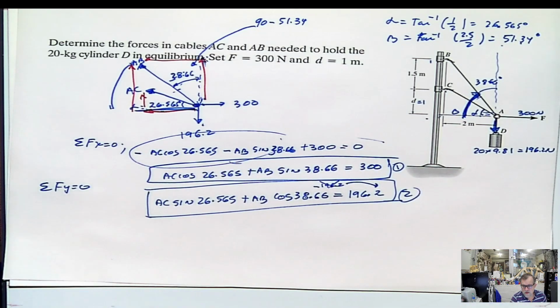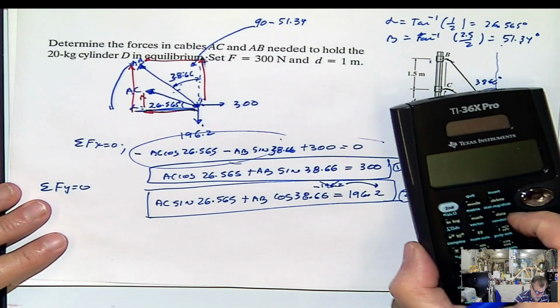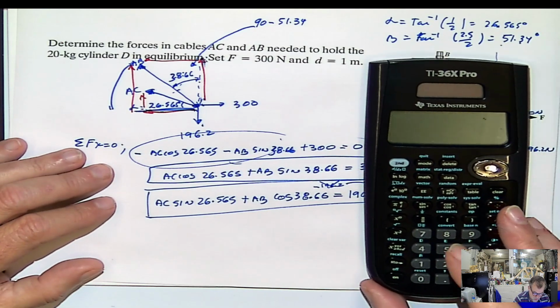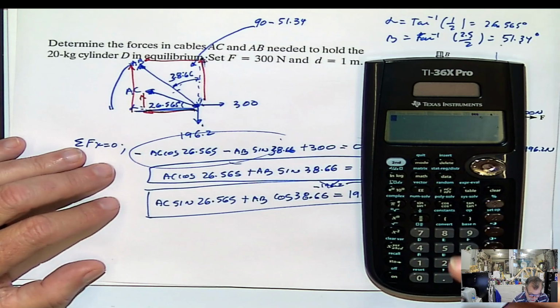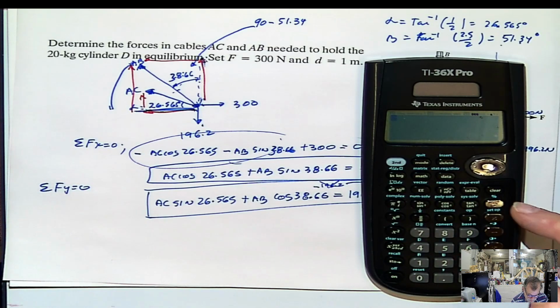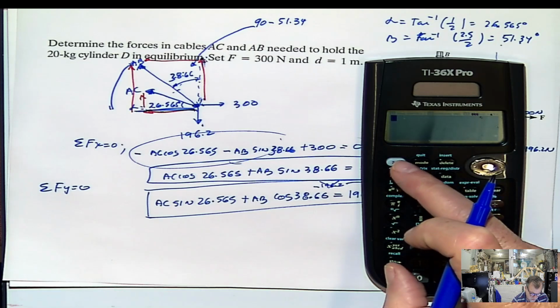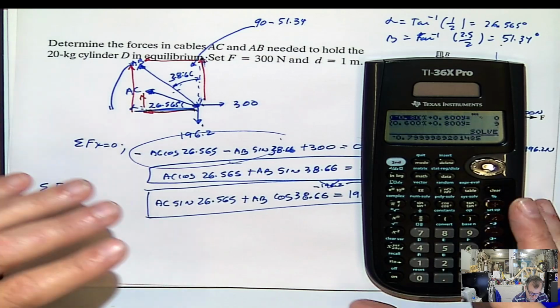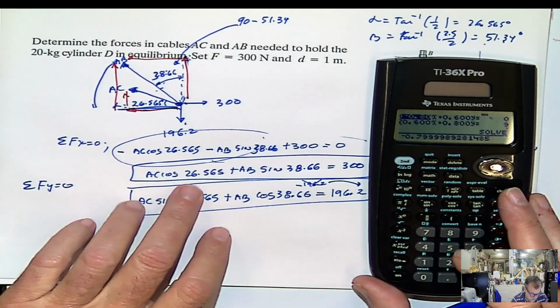Now, if your professor allows you to do that, use a system solver for this. Otherwise, you can use reduction, simplification, substitution, whatever. I for once allow my students to use the solver, so that will be system solver here, linear equations 2 by 2, and then you put these values in.